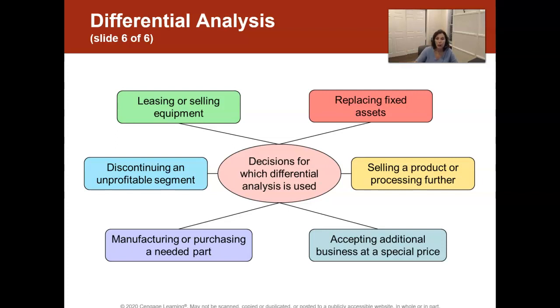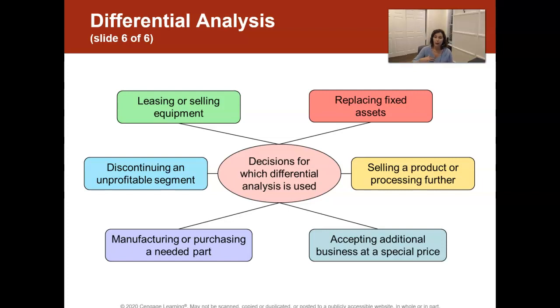Do we make a part that we might need, or do we buy it? If we were manufacturing something that would then get shipped out, is it more cost effective for us to manufacture the packaging for this versus buying it from a vendor that manufactures boxes and packing material? Do we replace an asset, or do we fix it if it's not operating correctly?